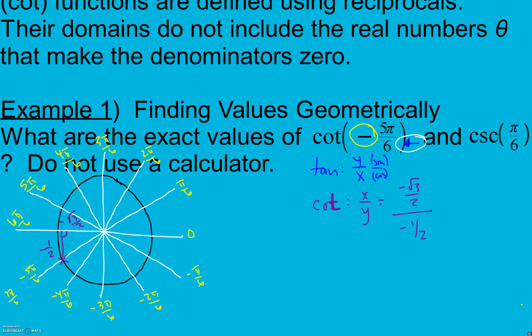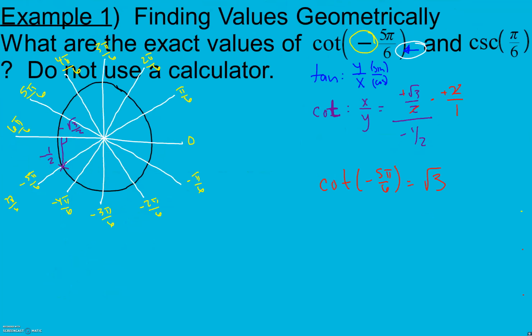When I divide complex fractions, I multiply by the reciprocal. 2's cancel, negatives cancel. So cotangent of negative 5 pi over 6 is going to be the square root of 3.